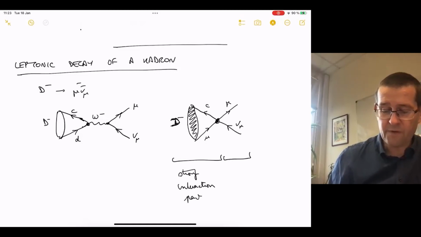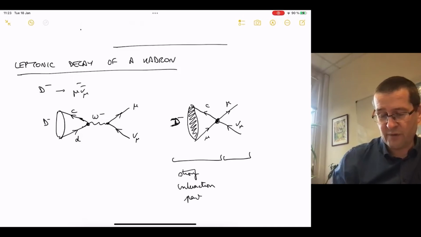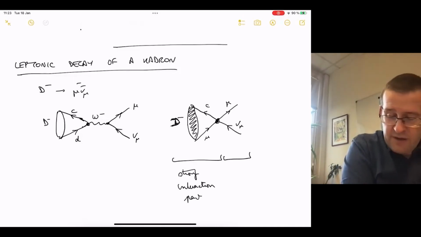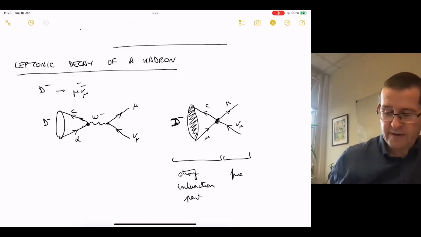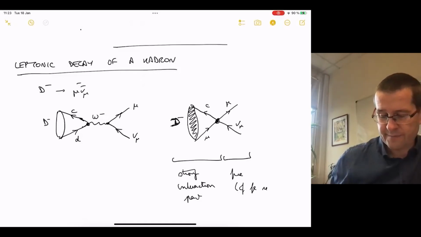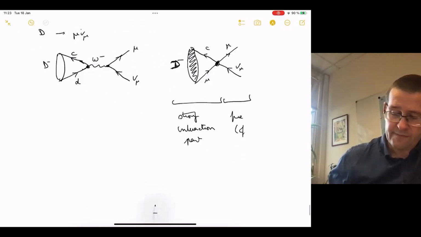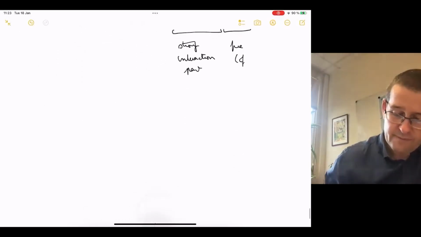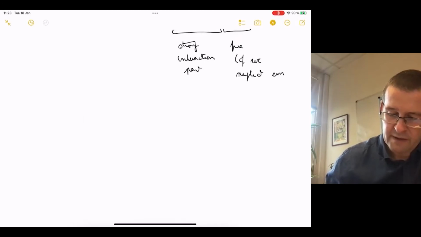And then here you've got something which in principle would have electroweak interactions, but which is free if we neglect electromagnetic interaction.